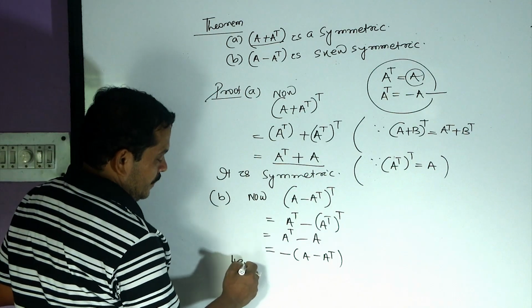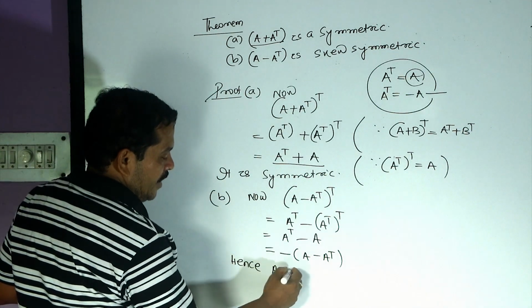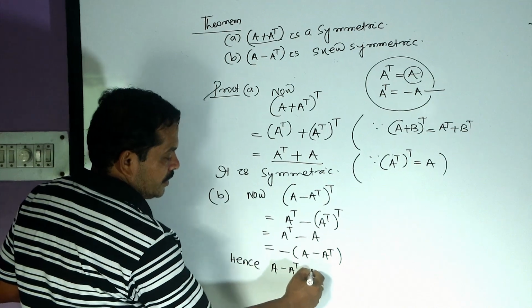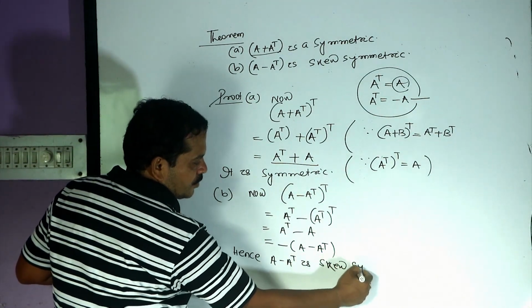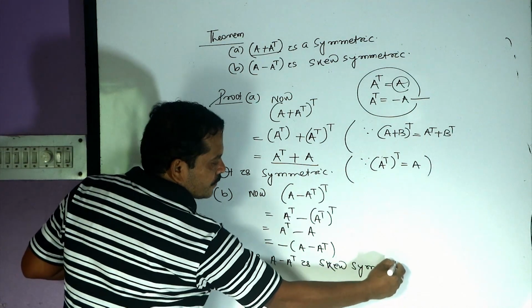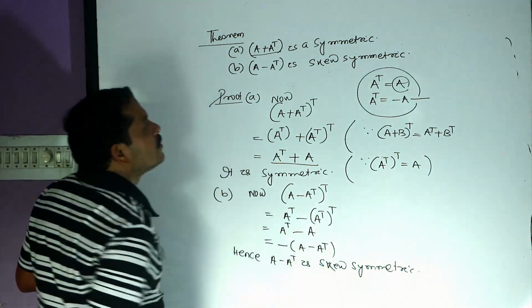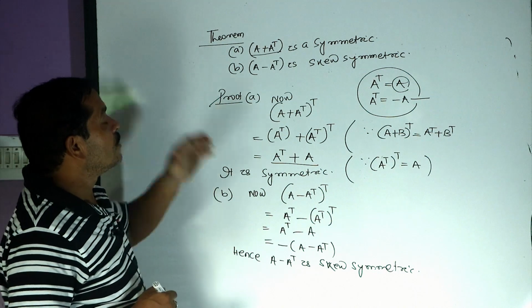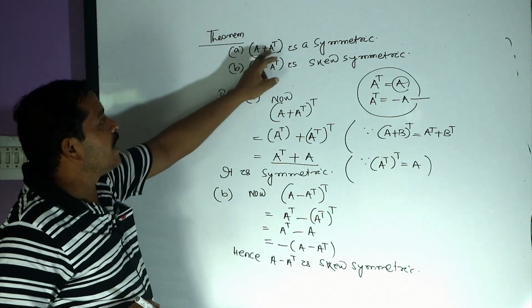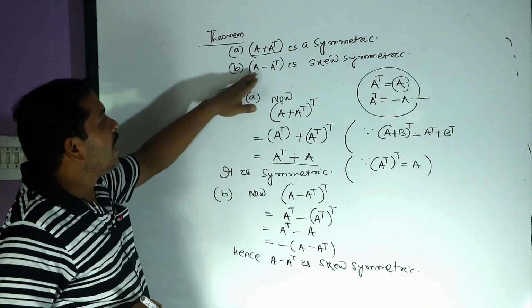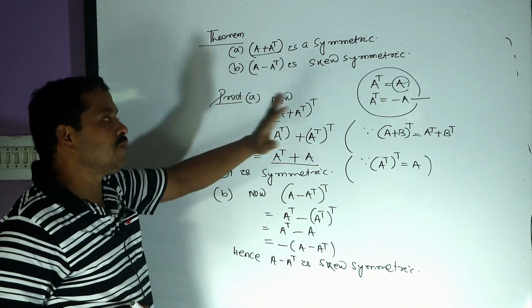Hence A minus A transpose is skew symmetric. So we prove these two results: A plus A transpose is symmetric, and A minus A transpose is skew symmetric.